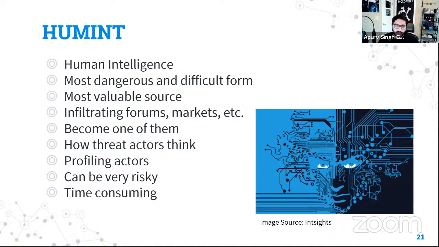Who are there, how are they selling these things, how are they getting these things so quickly. So you can do all those things, and that's where it comes. And you can also know about new attack vectors.